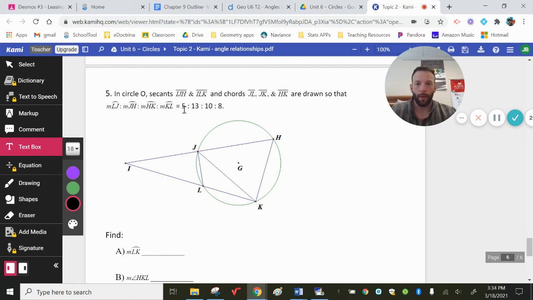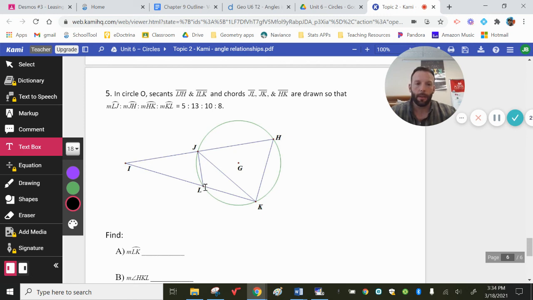For example, if I'm just looking at 5 to 10, that means whatever the arc from L to J is, the one from H to K is exactly double that arc. But I have to figure out how much each part actually measures. When I put all four of these arcs together, L to J, J to H, H to K, and finally K back to L, I started at L and made my way all the way around back to L.